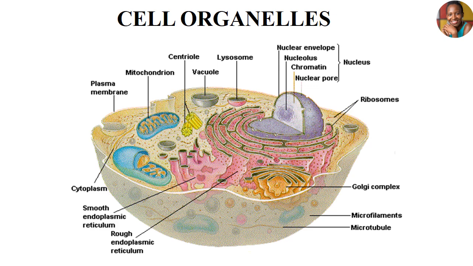And the rough endoplasmic reticulum is actually the organelle that focuses on protein synthesis. Protein itself is actually one of, protein contains RNAs and DNAs, and the ribosomes, which are contained on the rough endoplasmic reticulum, also help facilitate this process of protein synthesis.